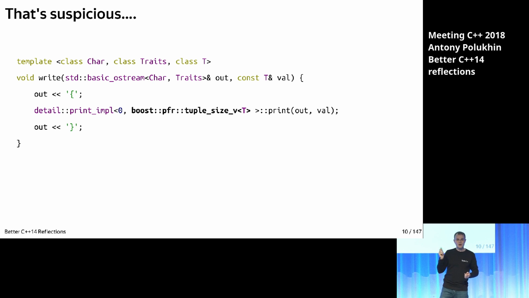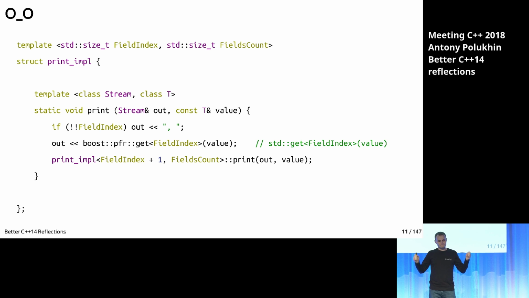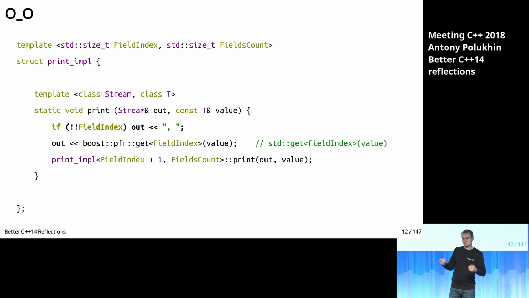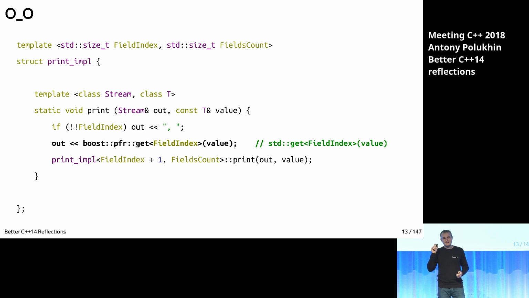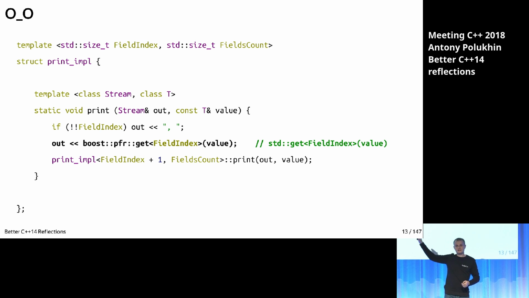That's interesting. Let's go further. Print function. Outputs or not outputs some comma, and gets a reference to a field by an index. User gave us some structure. It has some fields.